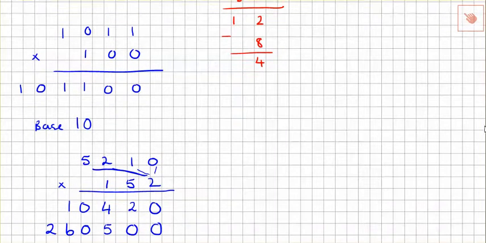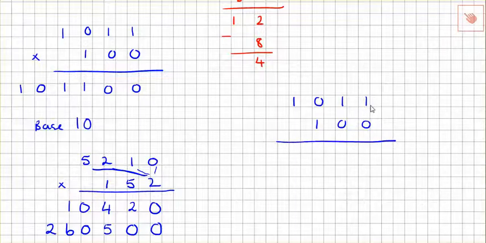Okay, so let's have another go using what we've learnt. 1, 0, 1, 1 times 1, 0, 0. So let's see whether it does work. 0 times 1 is 0, 0 again, and 0 again. Then you add a 0.